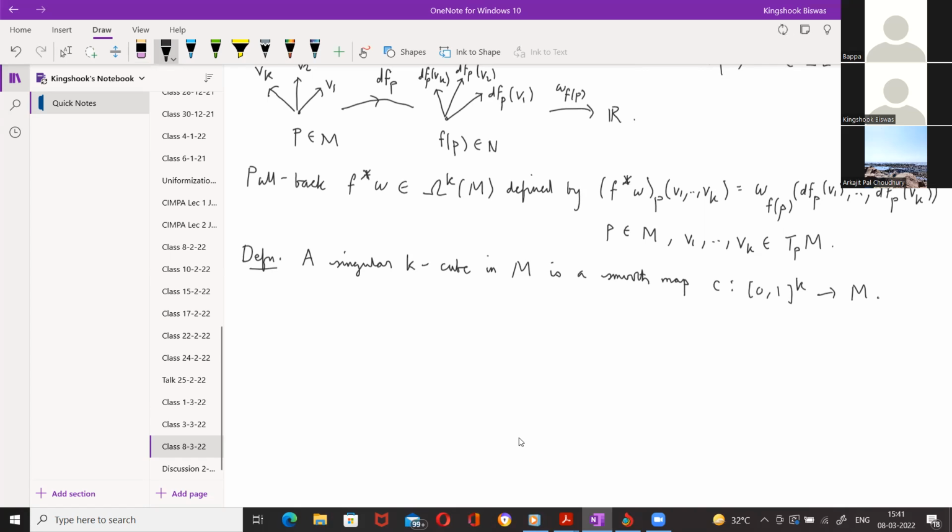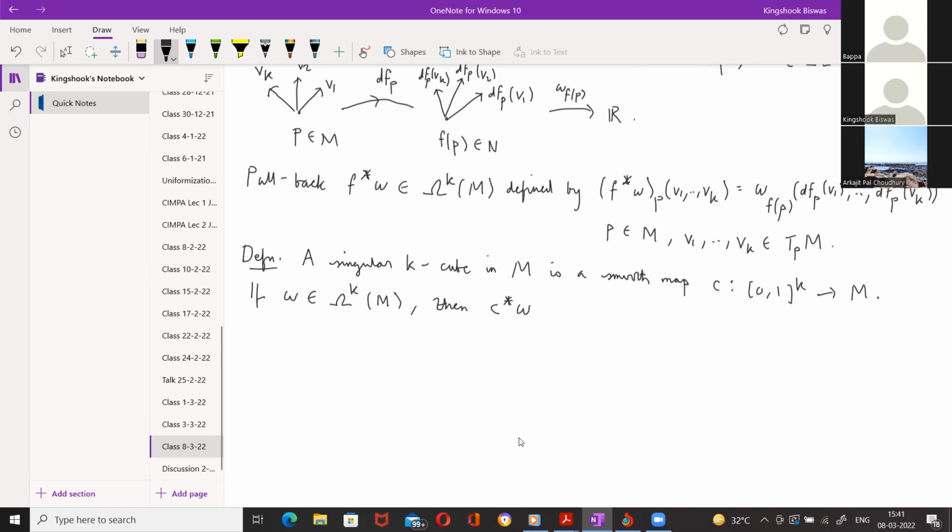And so first, if omega is a K form on M, then we can pull back omega by this singular K cube c.